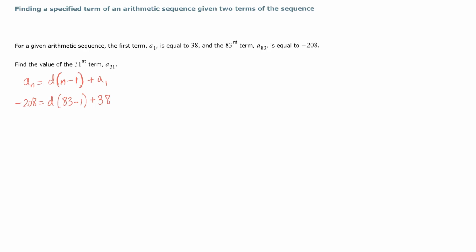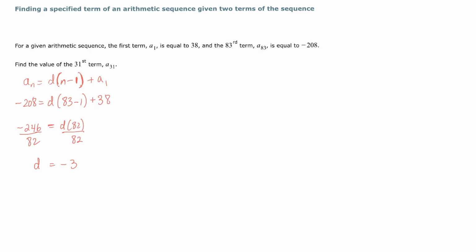Let's go ahead and simplify that. D times 82 equals negative 246. 82 is not 0, so divide both sides by 82, and we get d is equal to negative 3.